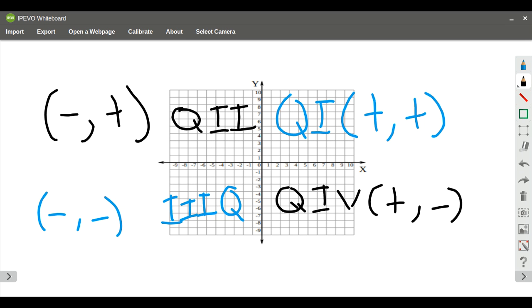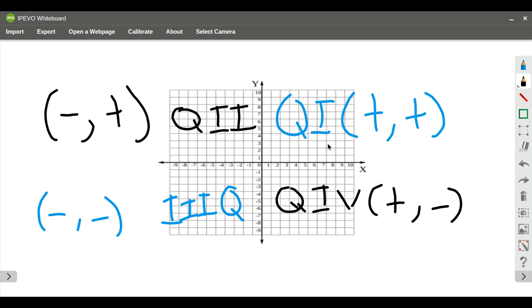Okay, so I'm going to jump down on page 186 to the Convince Me. It says both coordinates of an ordered pair are negative numbers. In which quadrant is that point always located? It's helpful when you first get started to draw a coordinate plane on your graph paper.